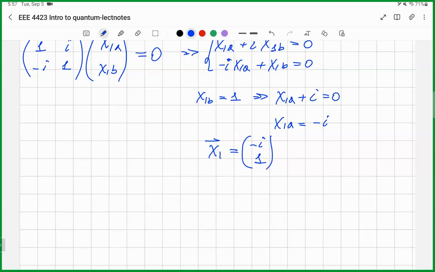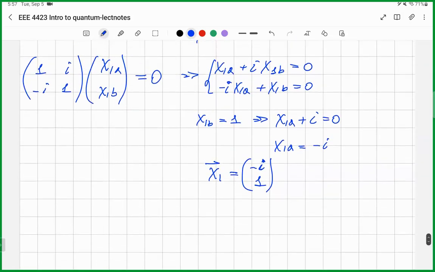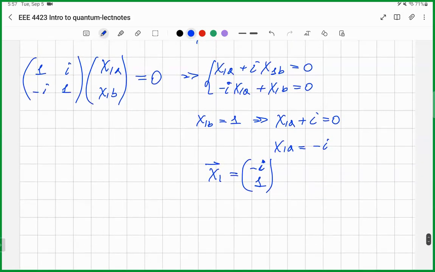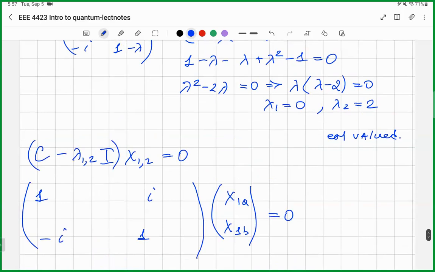Yeah, it's much easier to demonstrate the point without this extra calculation. But this is the first vector. For the second one, we still need to write the second one. So the second eigenvalue is 2.